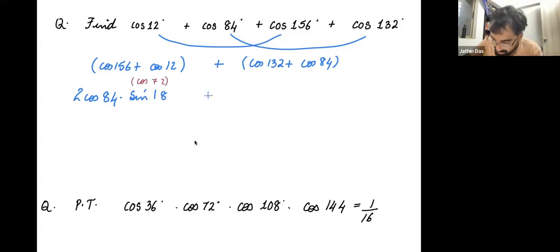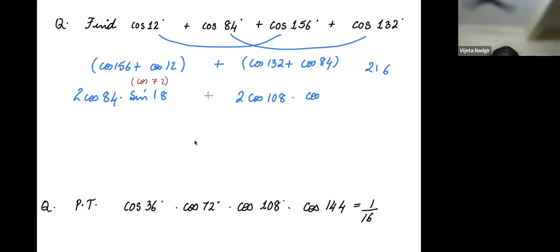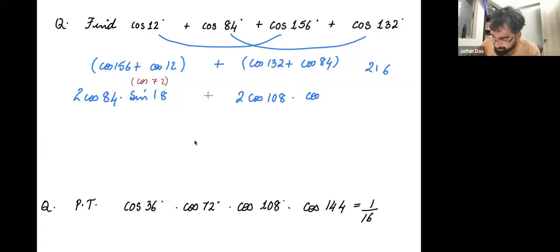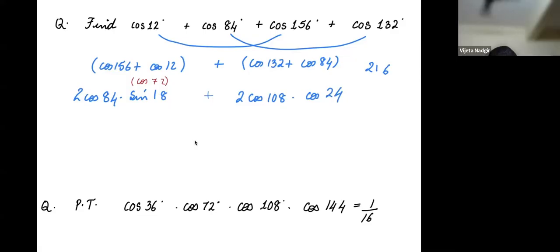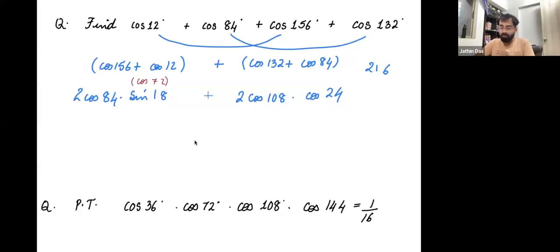Plus 2 cos: the sum is 216, so 108, into cos of the difference 48 by 2, 24.